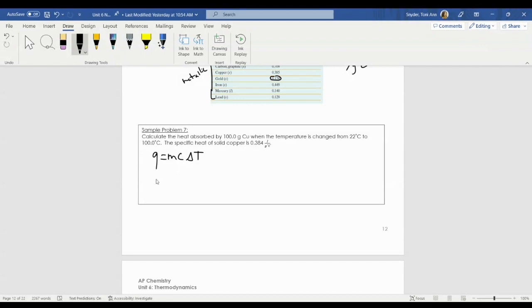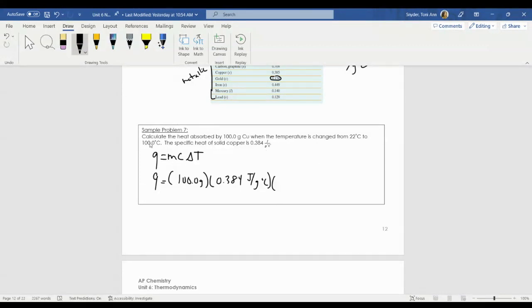So I want to calculate Q, the heat. Mass of the sample is 100 grams. Specific heat is 0.384 joules per gram degrees Celsius. And my delta T, delta T is always measured in final minus initial.